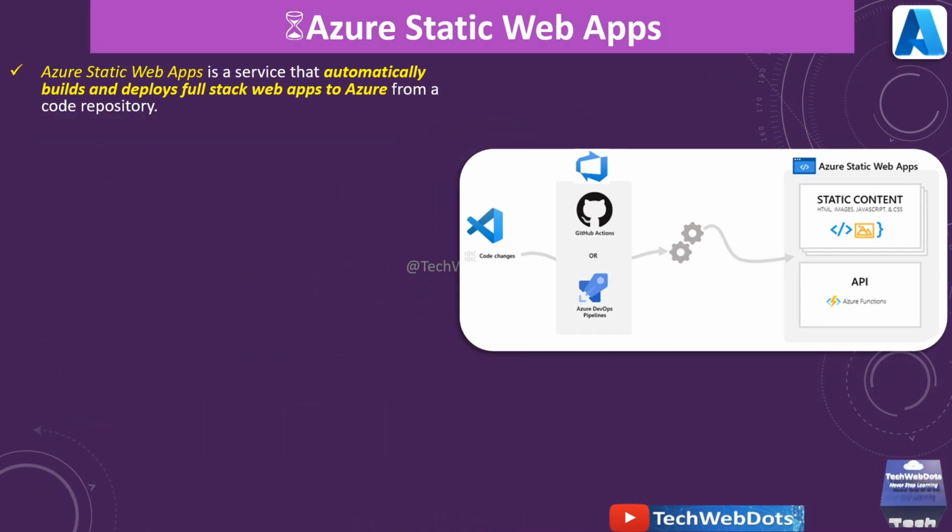So let's go by key points first, or you can see the definition which is provided by Microsoft. Azure Static Web Apps is a service that automatically builds and deploys full stack web apps to Azure from a code repo.